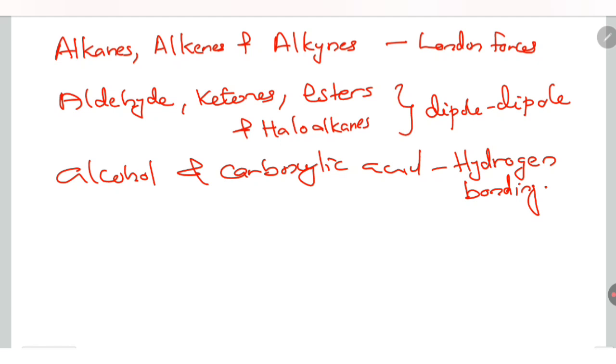So these ones you have to study. Out of these, hydrogen bonding is the strongest and London force is the weakest, that we studied already last year, right? So the question is going to be based on, if they are given two different homologous series, how do you explain their boiling point or melting point or vapor pressure?